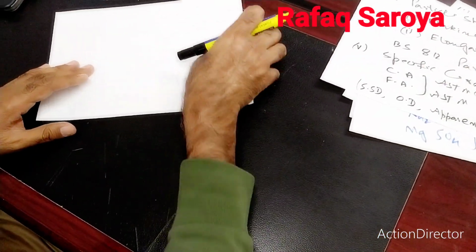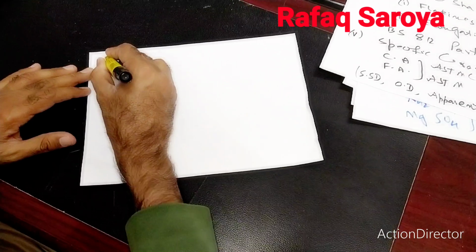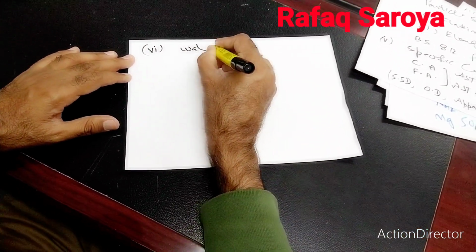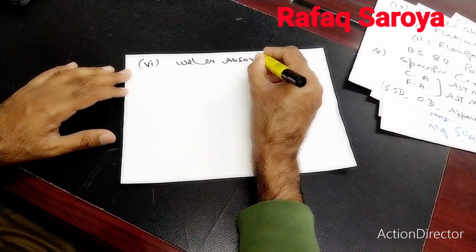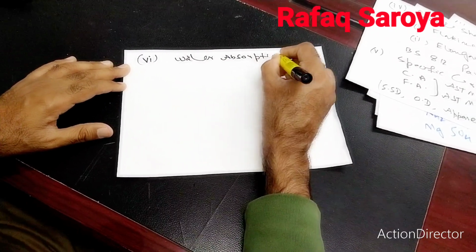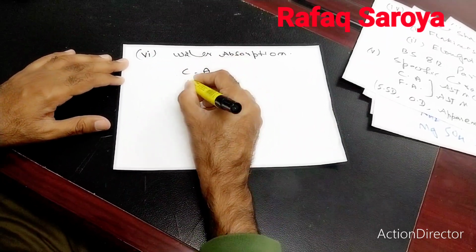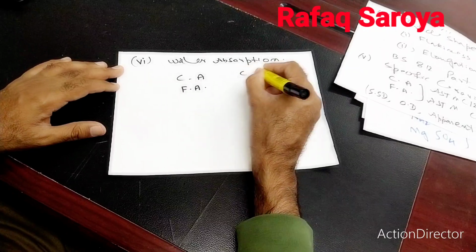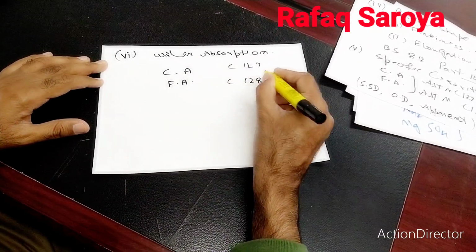And next, the fifth one. After this, we are going to explain water absorption. This water absorption is again for the coarse aggregate and again for the fine aggregate, and again it is studied by C127 and C128.